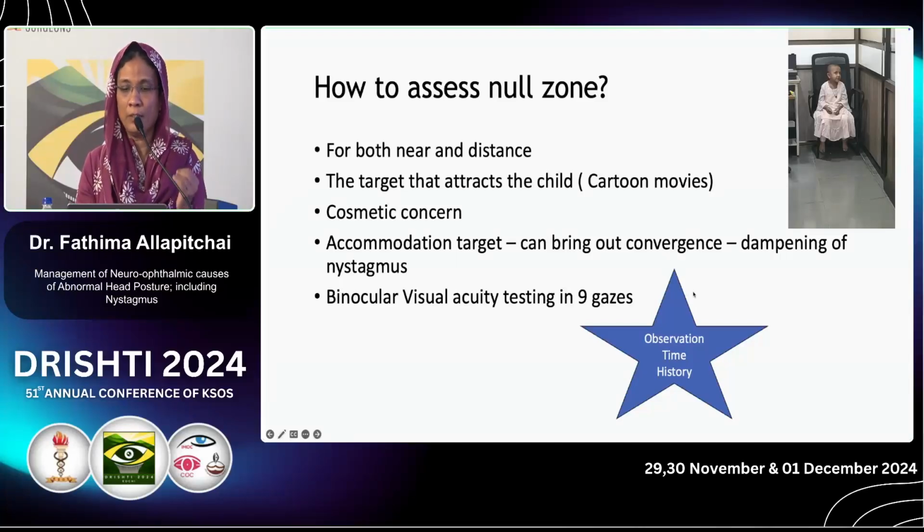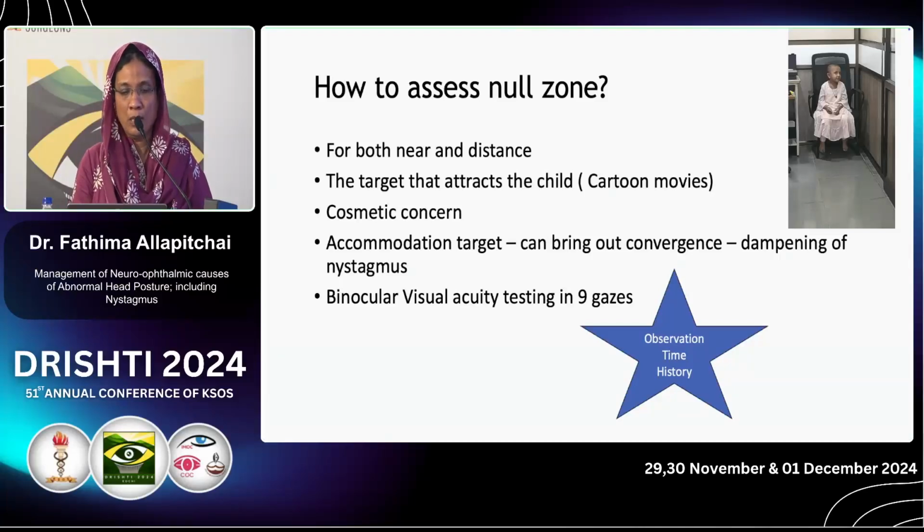So allow the child to be in a comfortable environment and observe for the AHP or null zone without even the patient's consciousness, so that you make the child be involved in some activity and you can find out. Then you can also check with an accommodative target, because an accommodative target can bring out convergence and dampening of nystagmus.